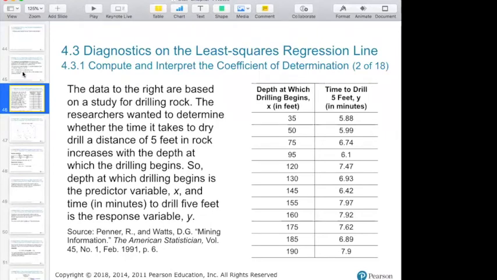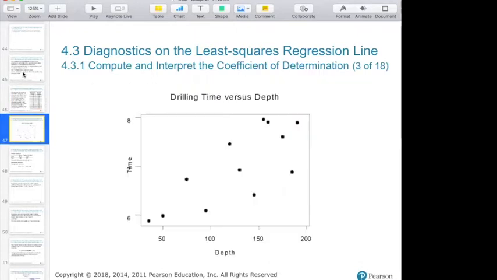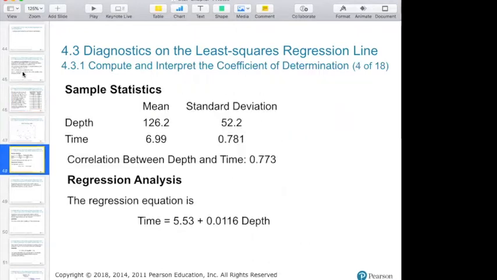So going back to that data that we looked at last time, we had this table of information. This is the scatter plot that we had, and some of our summary information is given here. We've got the mean for the depth and the time, and the standard deviation for the depth and the time. Remember, we can get that from our two variable statistics.